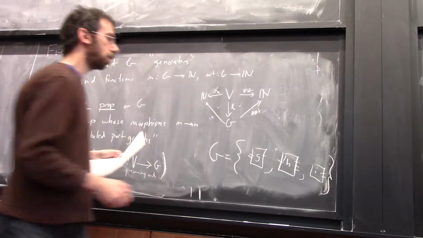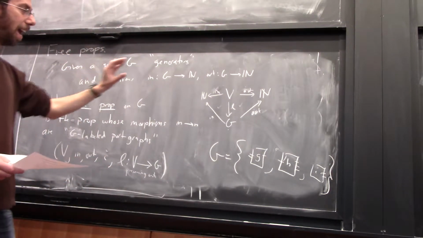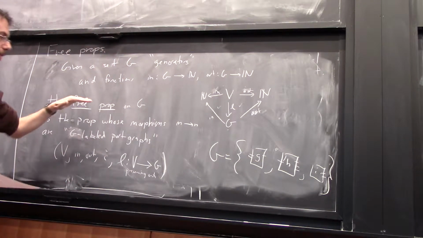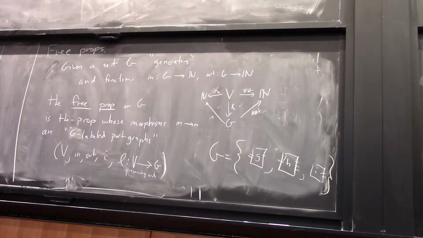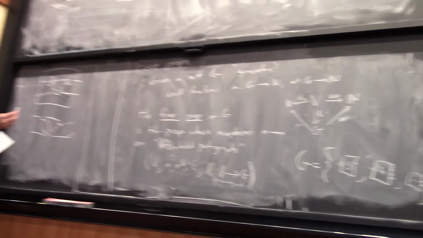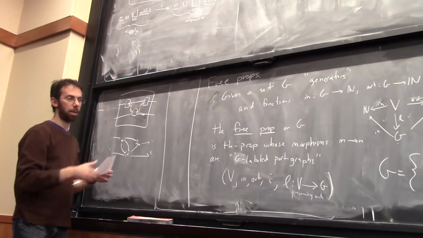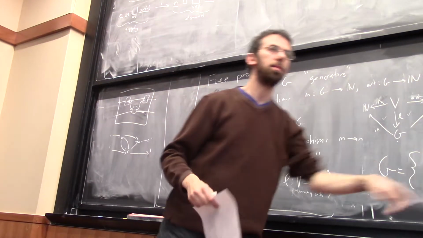No. So what is going on is I'm allowed to write, what are the morphisms of this prop? It's any picture you can draw where you label your boxes with these labels.